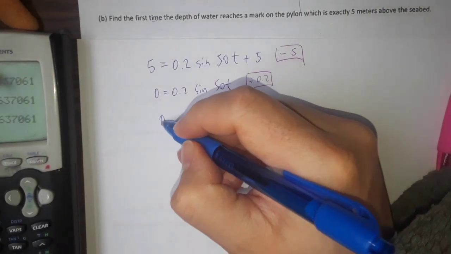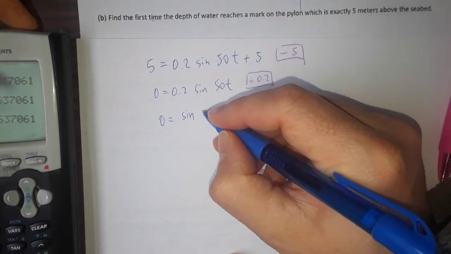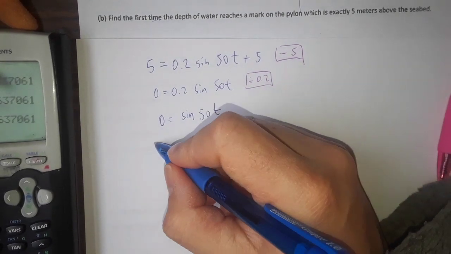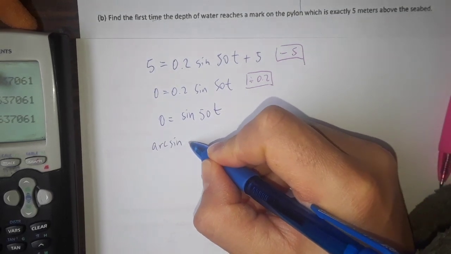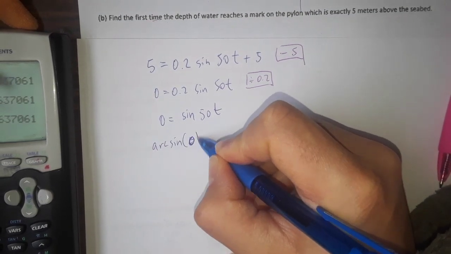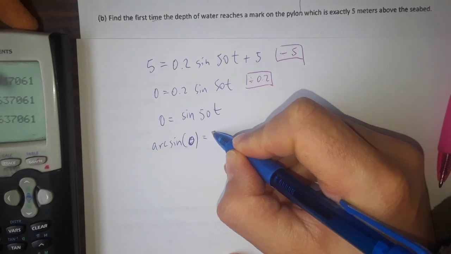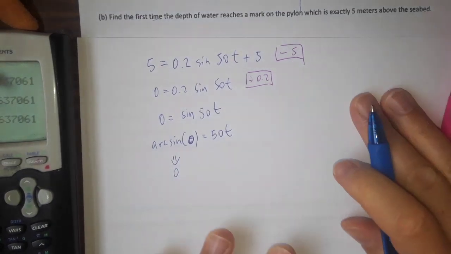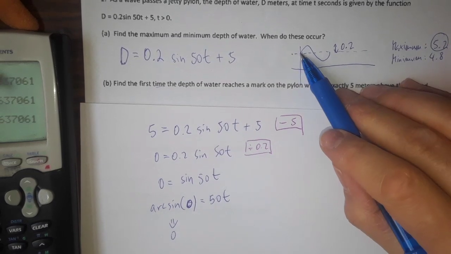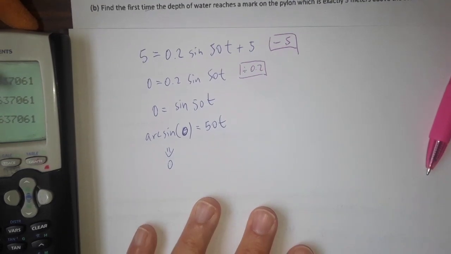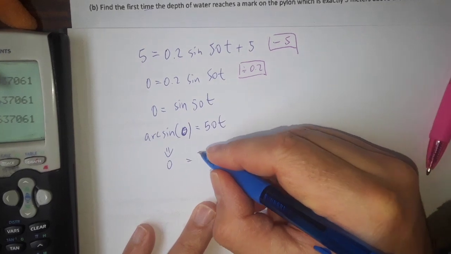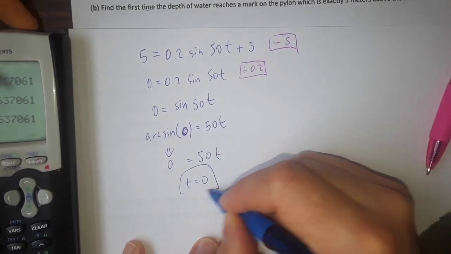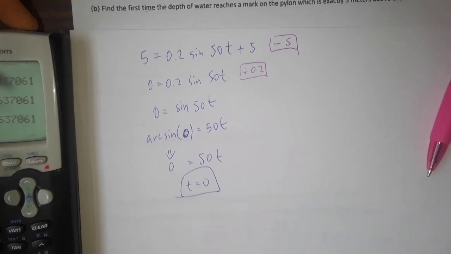That's going to be 0 = sine of 50t. If we do the arc sine, we're going to have arc sine of 0 equals 50t. This is going to be 0, because I know it just looking at the graph. So 50t equals 0, and the first time is going to be at 0, right?